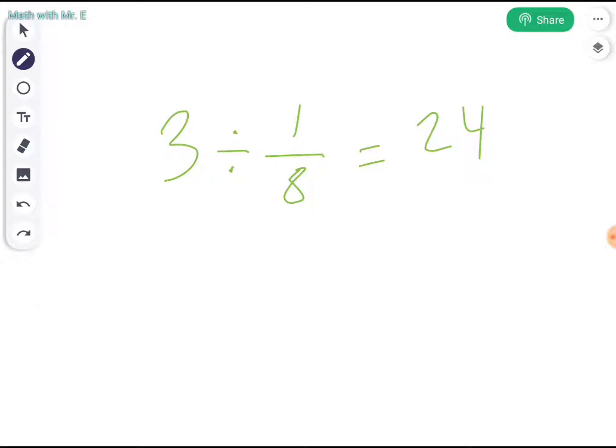We're not saying how many 8s go into 3, but instead we're saying how many 8ths, 1/8, go into 3. And that is why our answer of 24 is bigger. And again, the easy way to divide a fraction is to multiply it by the reciprocal instead. So that is how you divide fractions.